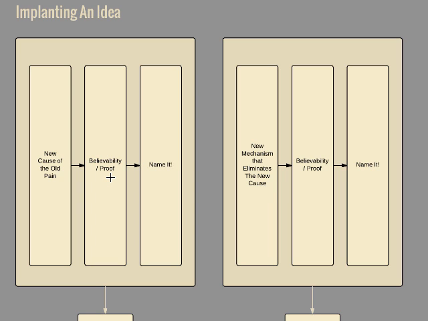You can also use a story. Gary Halbert uses stories quite a bit to show how this new cause was discovered. And then when you do this, you don't want to just prove that there's a new cause. You also want to prove that the person speaking, or that the sales copy, really deeply understands this pain.